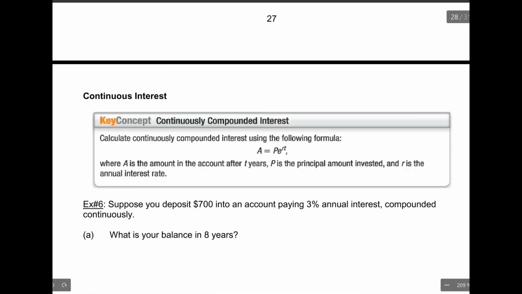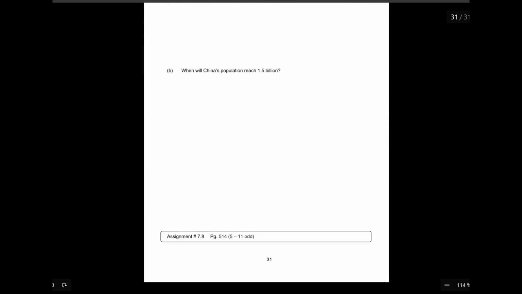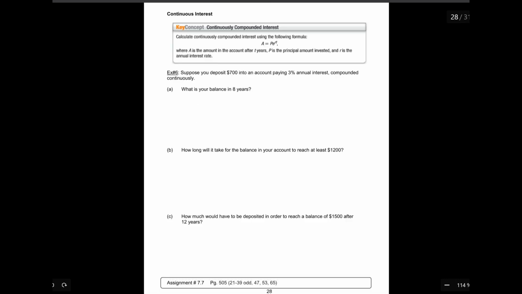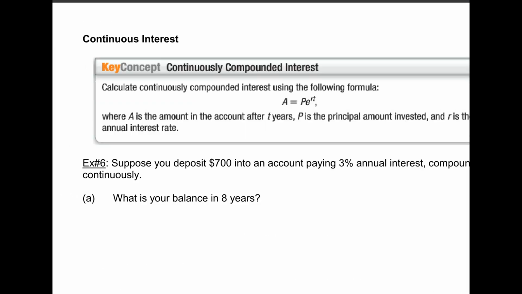All right. This next part would go better with section 7.8. Have you guys heard of APERT before? This is another way to find continuous interest. I'll give you this equation on your test, just like I'll give you the other equation.